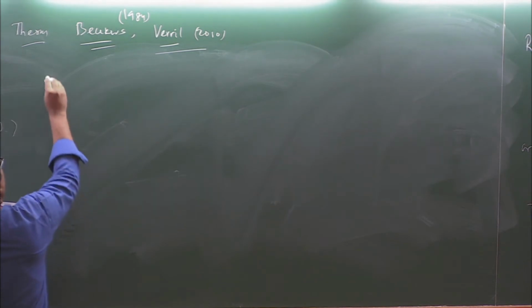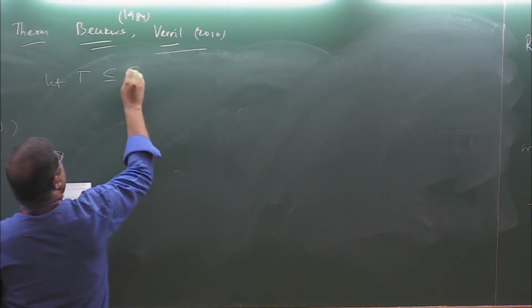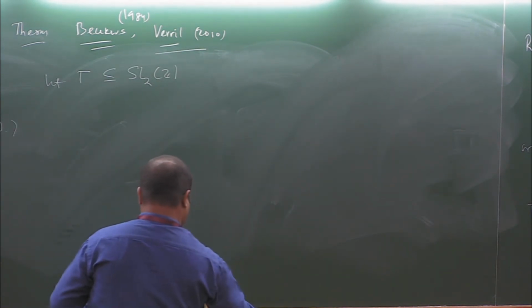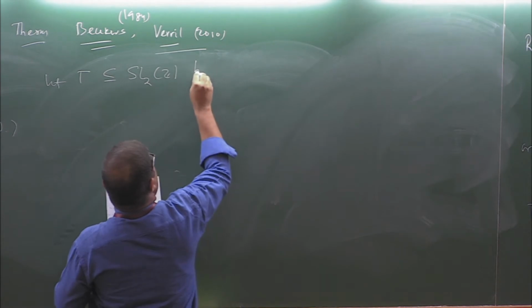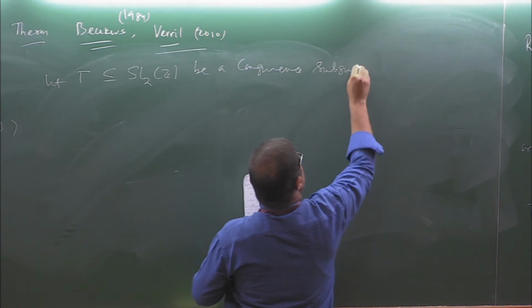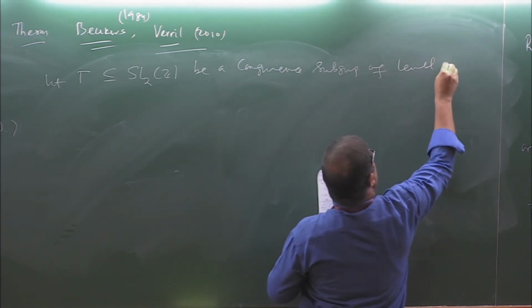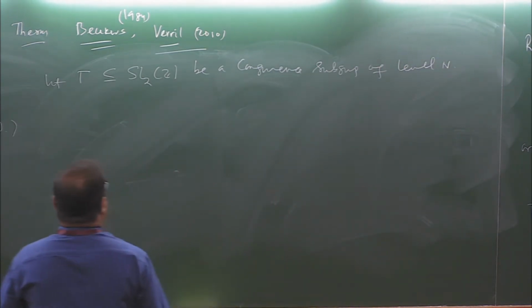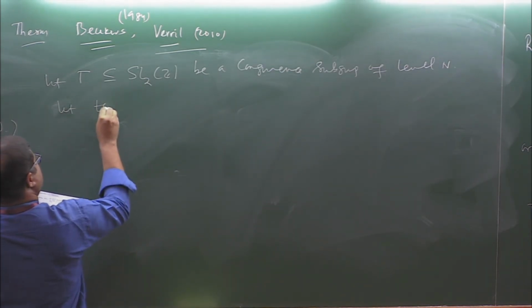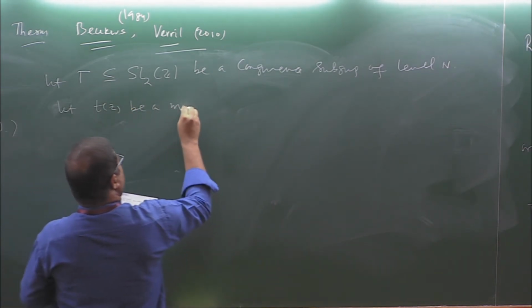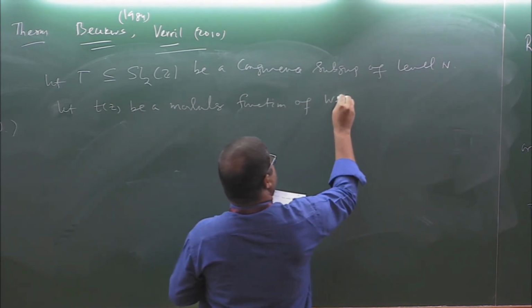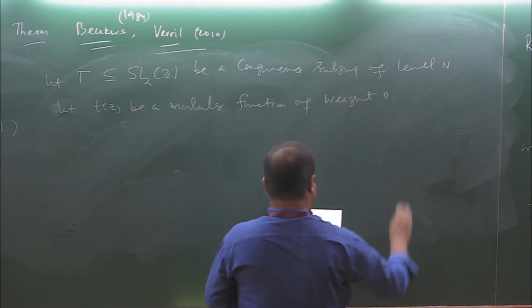Namely, let Gamma be a congruence subgroup of level N. Let t(z) be a modular function of weight 0 for Gamma.